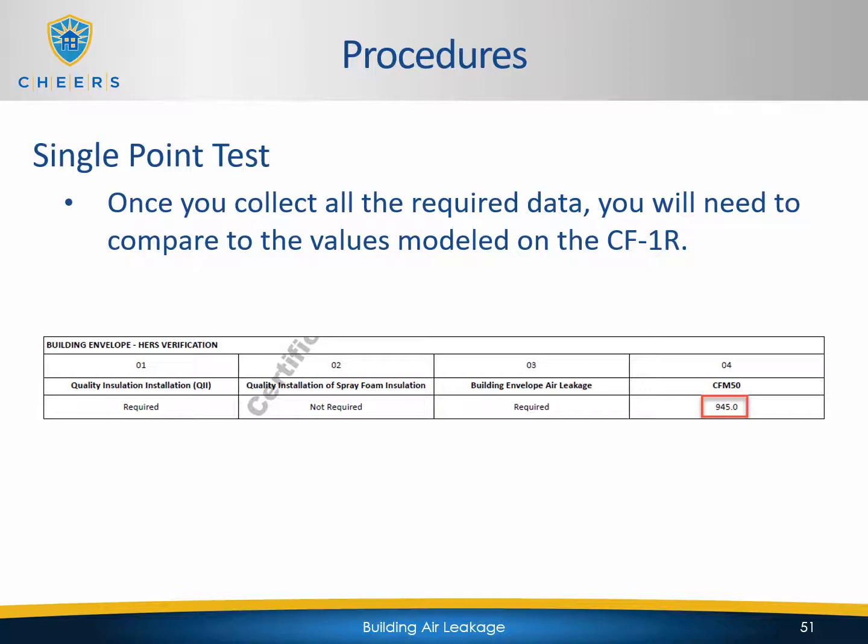This value, you can see in here, the 945 CFM50, will also be present on both the CF2R and CF3R versions of the ENV20 form. So you can also go straight there to get that value, plug in your results, and it will make those adjustments and calculations to let you know whether or not it is passing or failing.